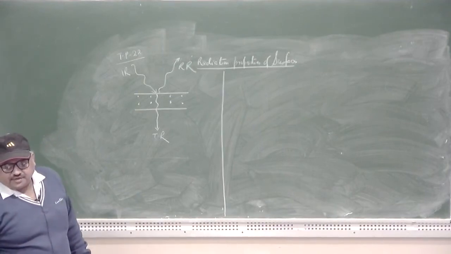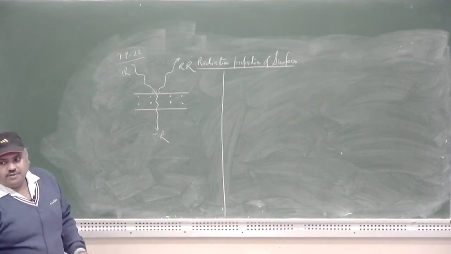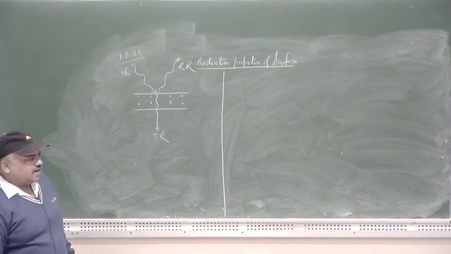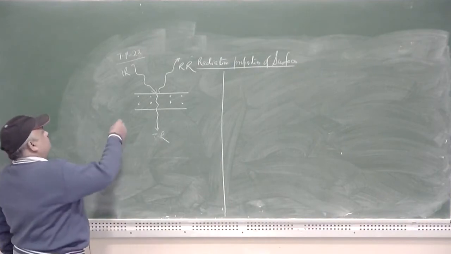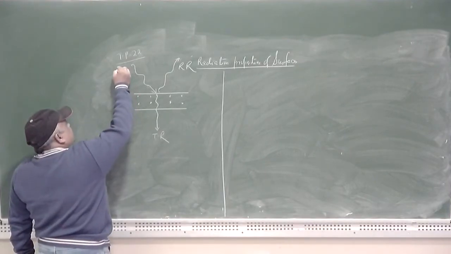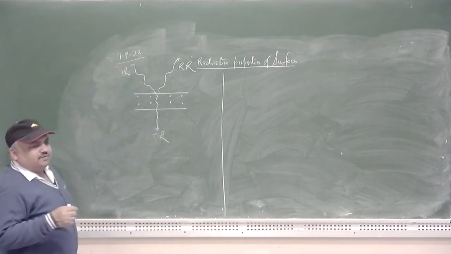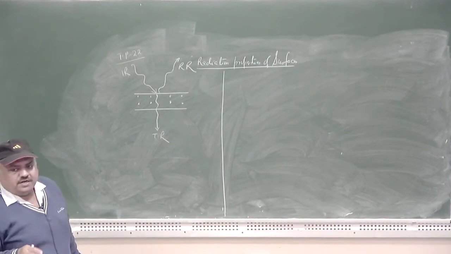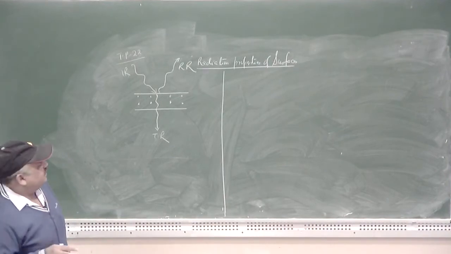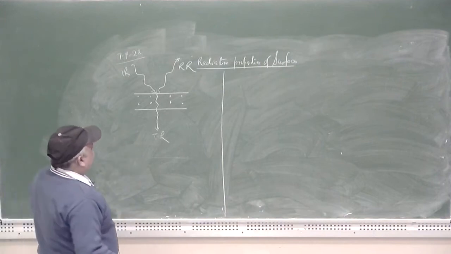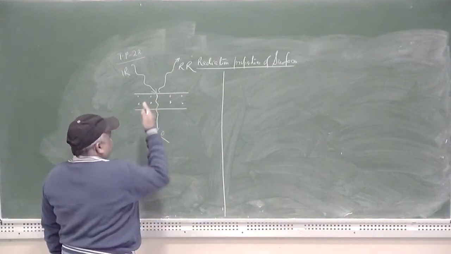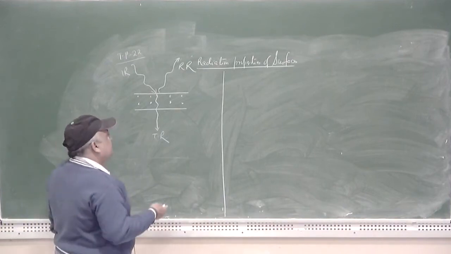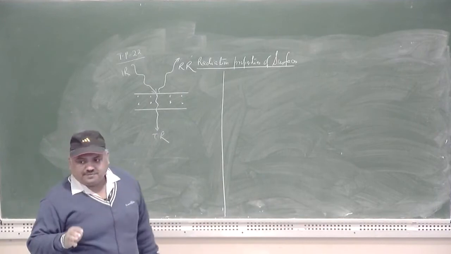Let us suppose this is a surface on which the radiation heat energy is striking. That means, if a certain amount of radiation energy strikes over a surface, then it is quite inevitable that some part of energy will get reflected, some part will get absorbed by the material of the surface, and some part of energy will get transmitted.